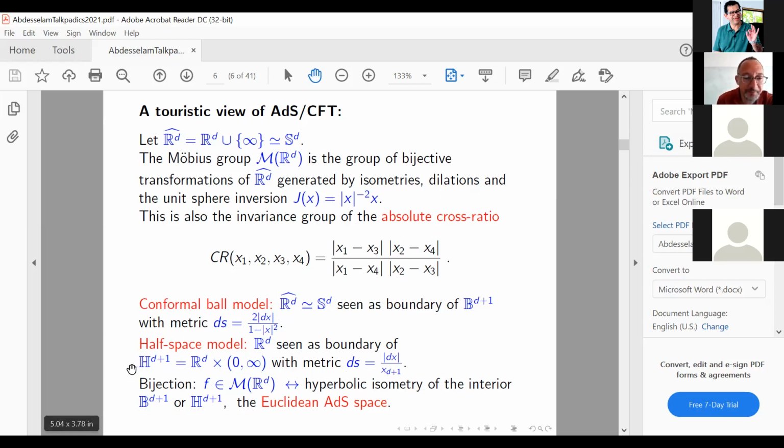For d = 1, this would be the Poincaré upper half space, or Lobachevsky. This space is also called the Euclidean AdS space in the physics literature. And so there is this remarkable one-to-one correspondence between conformal maps on the boundary and isometries of the bulk or interior.